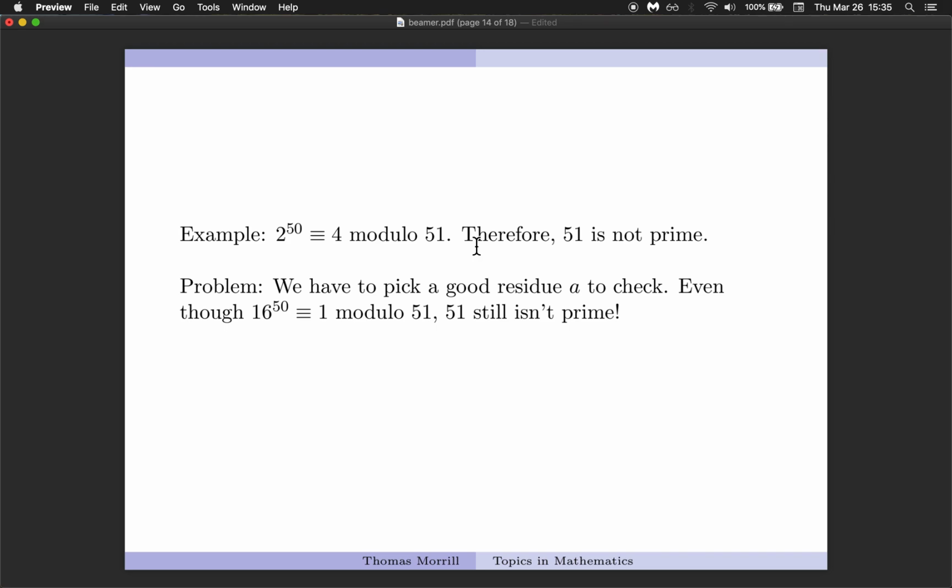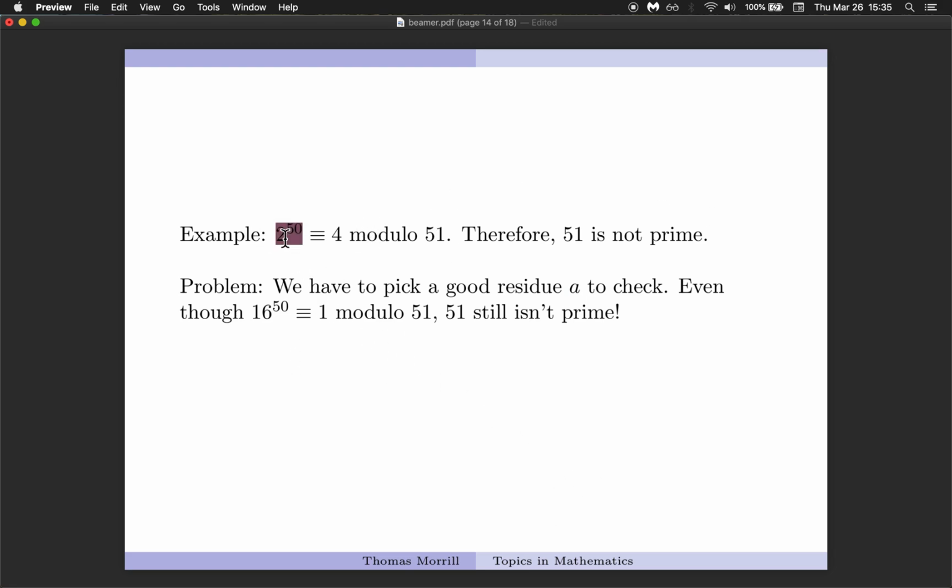So the takeaway from this is that there are composite numbers that will sometimes pass through Fermat's little theorem as though they were prime. And that is potentially a problem. I don't actually have a formulaic way to pick a good a to tell me whether or not integers are composite.